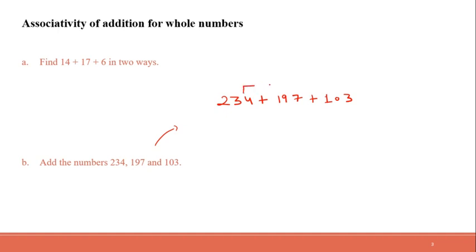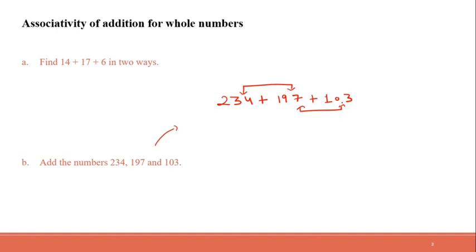Do you think adding these two numbers will be easier? No. Although it is not very difficult, but if we add these other two numbers first, we will get a simple addition, simple digits.